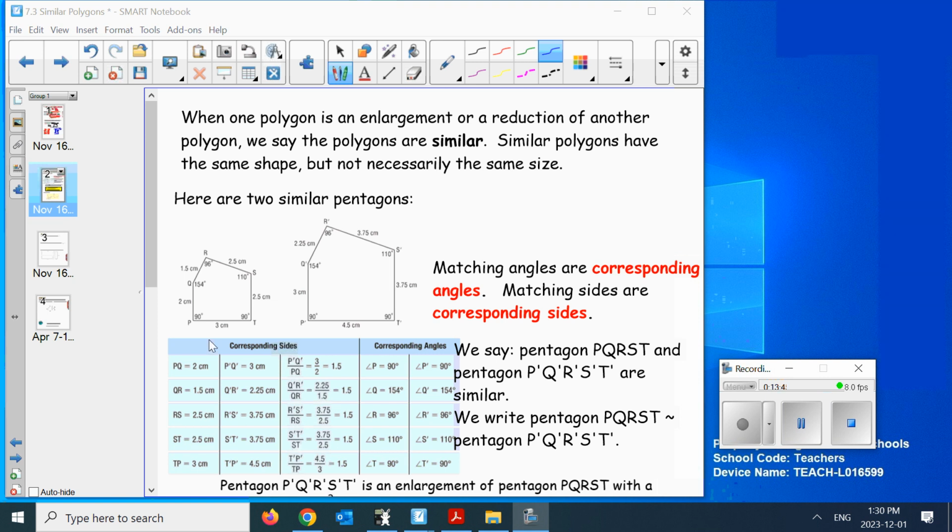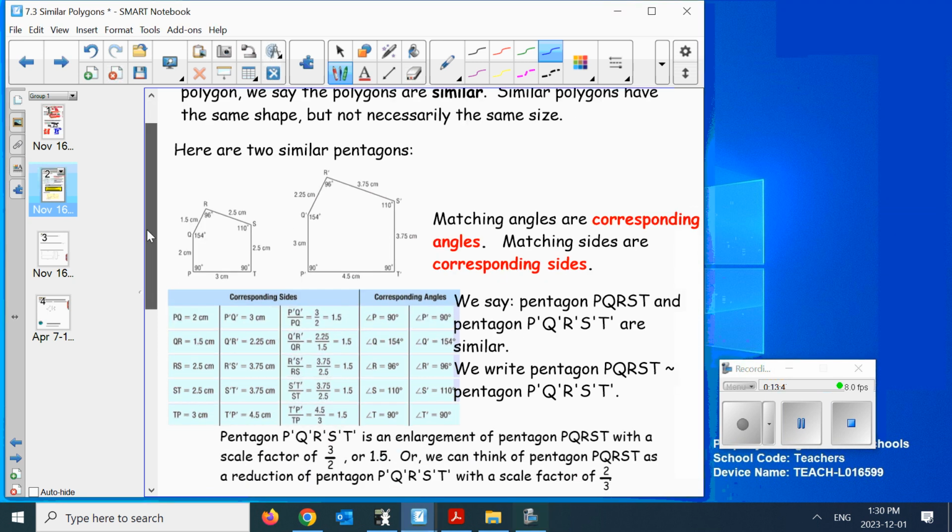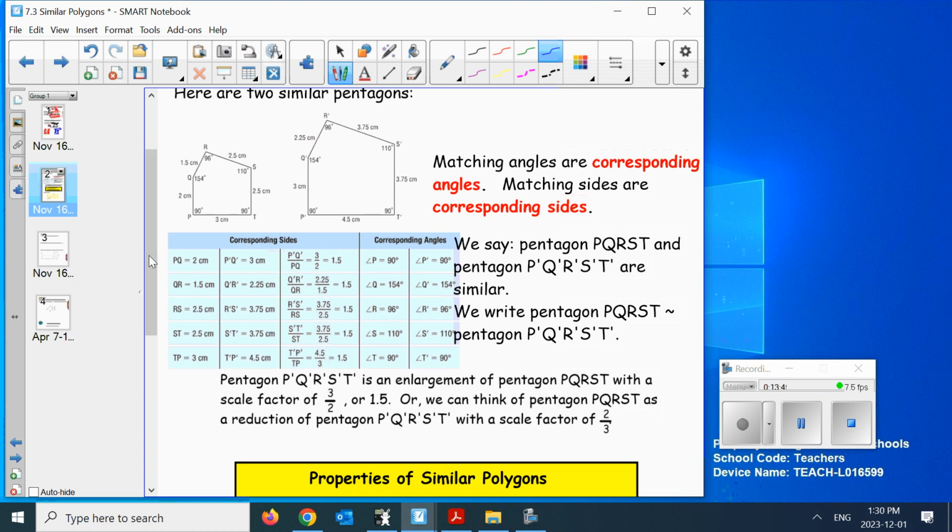Now let's just take a look at these diagrams here. It's very technical, so if you just see the chart all at once, it's like, wow, I can't make sense of it. So here we go. I'm going to find PQ on the small diagram. That's this.